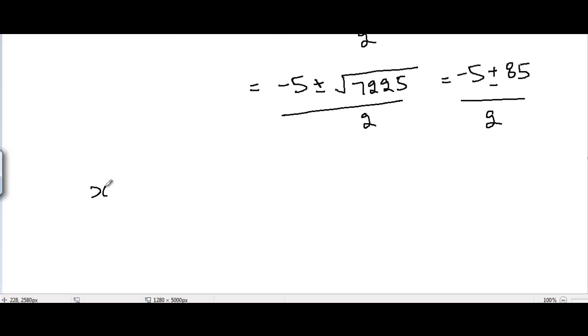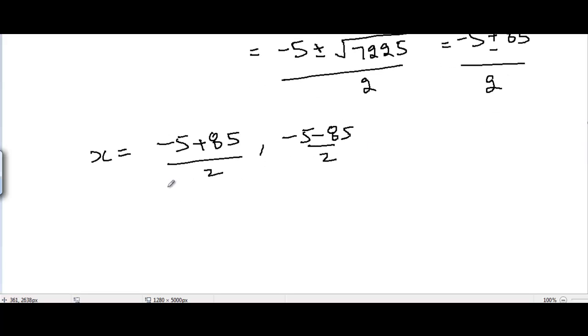So the value of x is equal to minus 5 plus 85 divided by 2, and minus 5 minus 85 divided by 2. From here 85 minus 5 is 80 divided by 2, and from here we get minus 90 divided by 2.